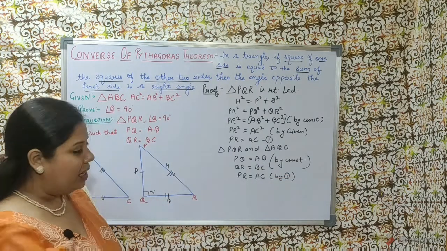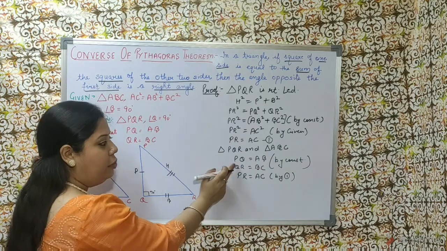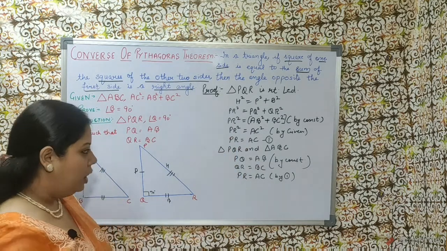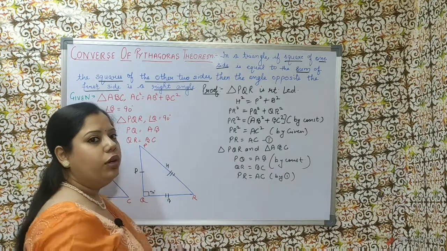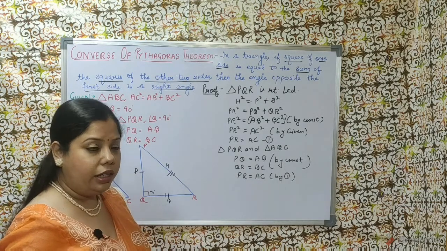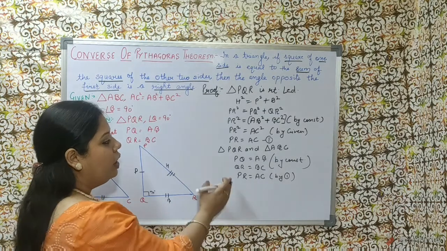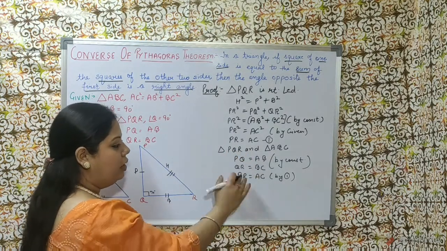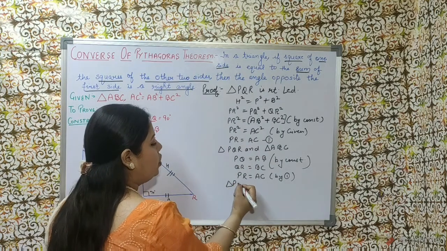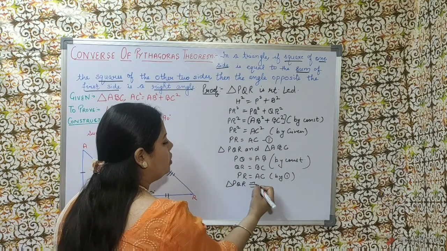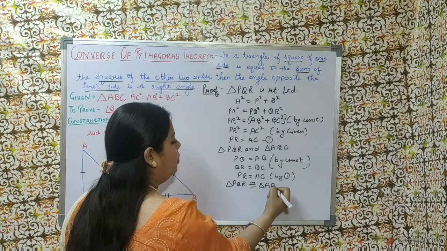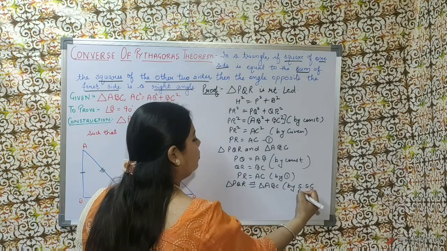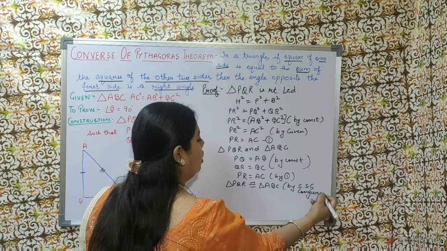So now three sides are equal, which means these two triangles are congruent to each other. We know that for showing congruency we have different criteria, out of which if three sides are equal, then we can say that two triangles are congruent, and triangle PQR is congruent to triangle ABC by SSS congruence.